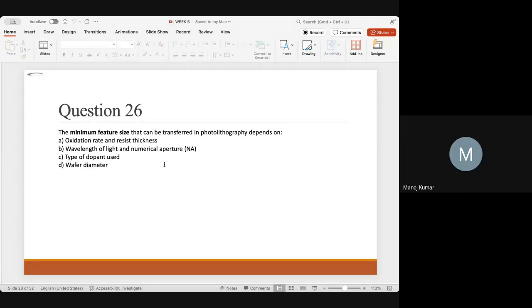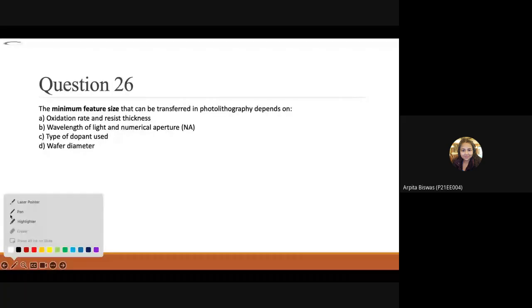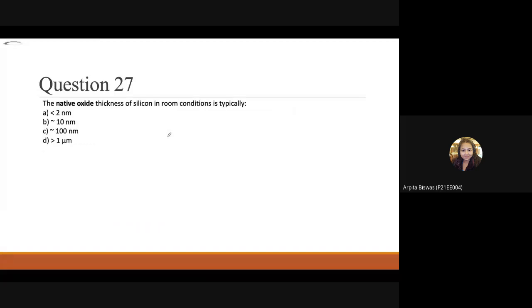Ma'am, option B. Yes, option B, wavelength of light and numerical aperture.